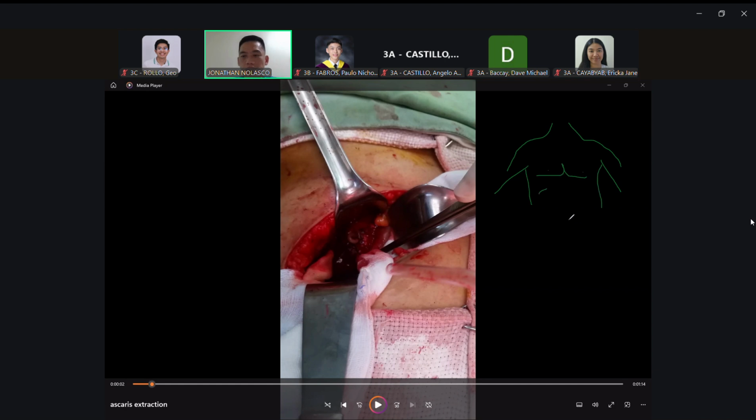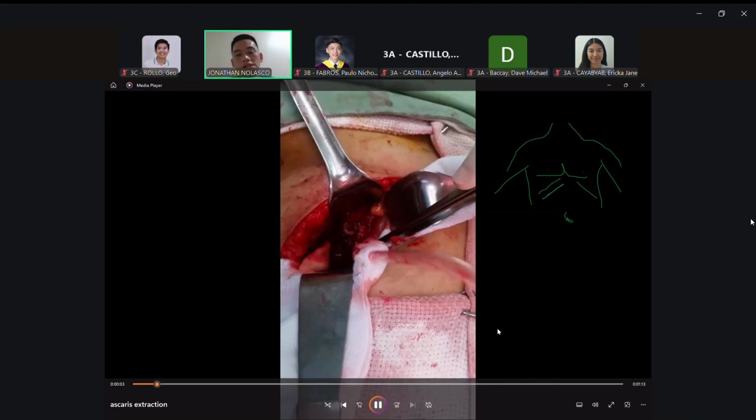And the umbilicus here. In open surgery, we do a right subcostal incision like this. Therefore, the head is up there and the foot down here. We are doing what we call a common bile duct exploration, meaning to take out stones or any obstruction within the bile duct.